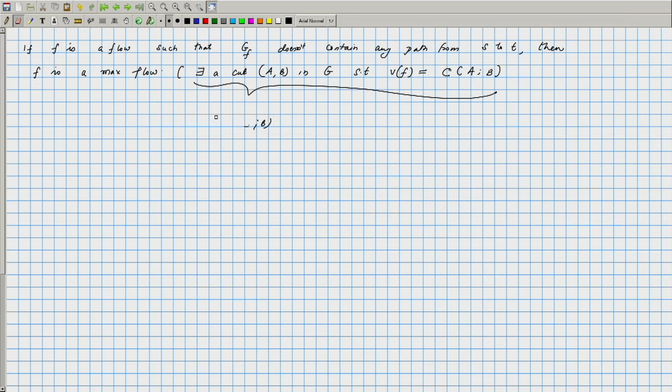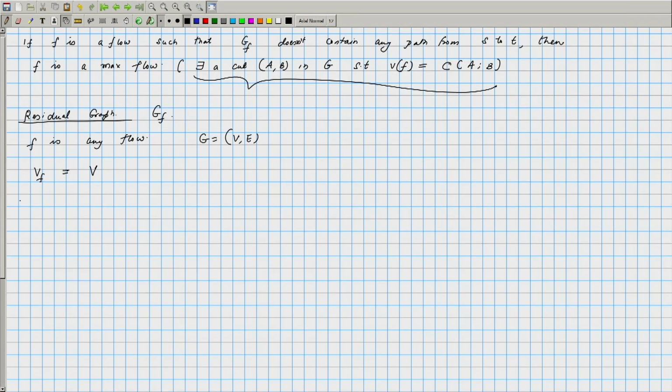Okay, so let us formally define what is GF, the residual graph. F is any particular flow. The vertex set Vf will be equal to V. The vertex sets are the same. The edges, we are going to have additional edges, and the capacities of the edges are also going to be changing.